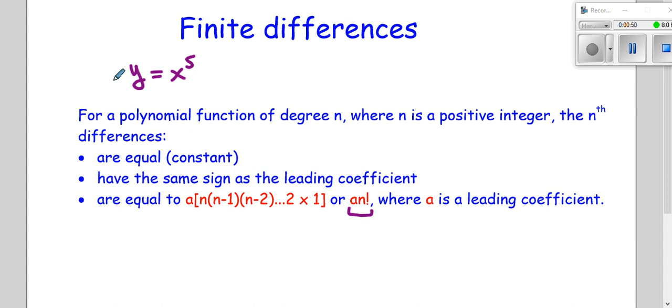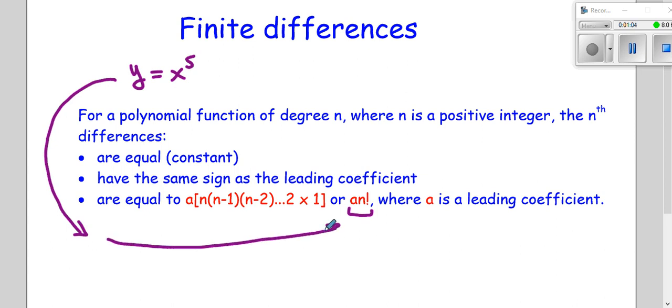So in this example that I just had, let's say y equals x to the power of 5, I can use the information from that equation and apply it in this formula here, and I can calculate what the value of the fifth finite difference is. Before we begin that, we should clarify what this formula actually represents.